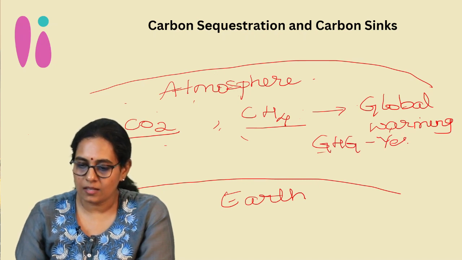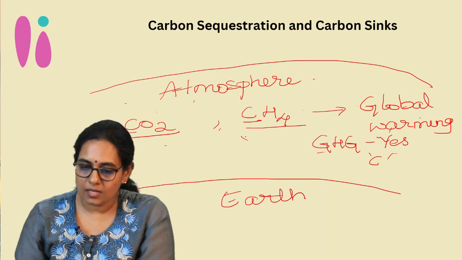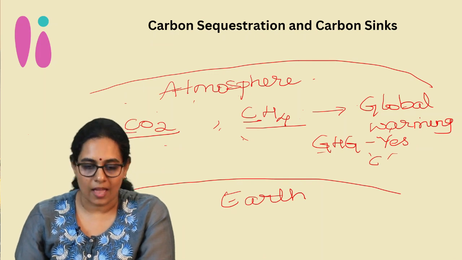Yes, both the gases are greenhouse gases because they contain carbon. So you can see carbon is here and carbon is here. Since both are present, it is a greenhouse gas.